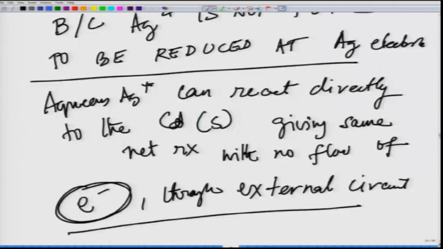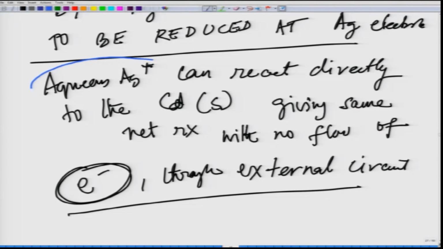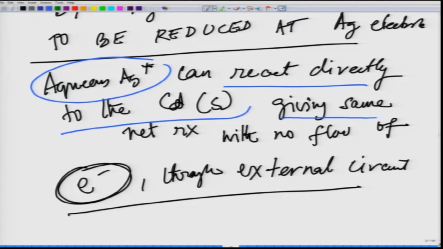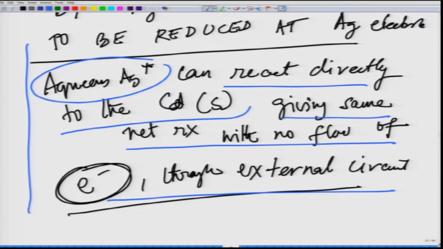If you look at it, aqueous Ag plus can directly react on the cadmium solid surface, giving the same net reaction with no net flow of electrons through the external circuit. So, essentially this is where the catch is. The cell will not work with a solution containing two different electrolytes.